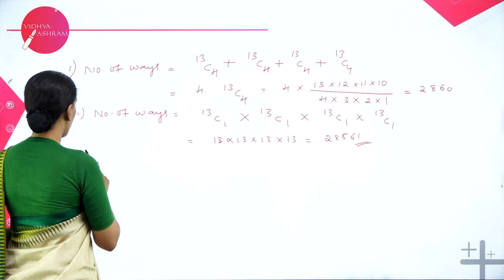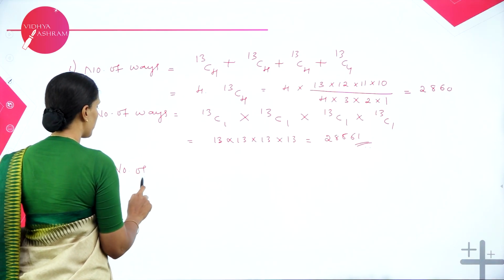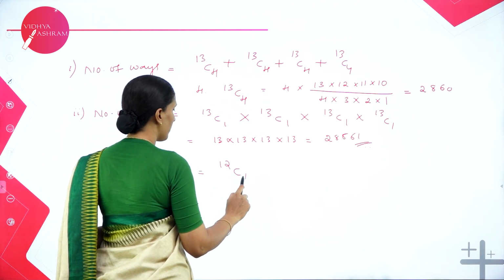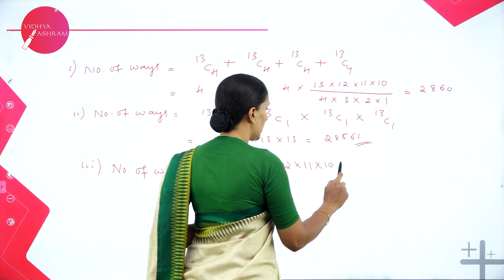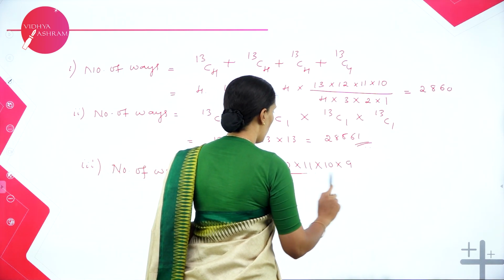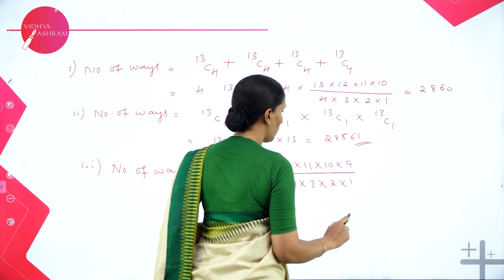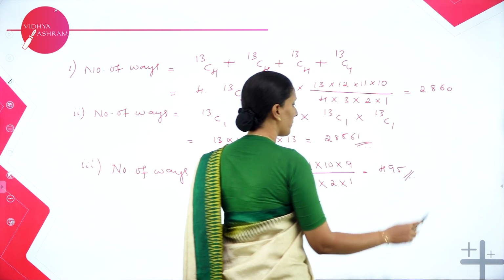So therefore here the number of ways is equal to 12C4, which is 12 into 11 into 10 into 9 whole divided by 4 into 3 into 2 into 1. So we'll get the value 495.